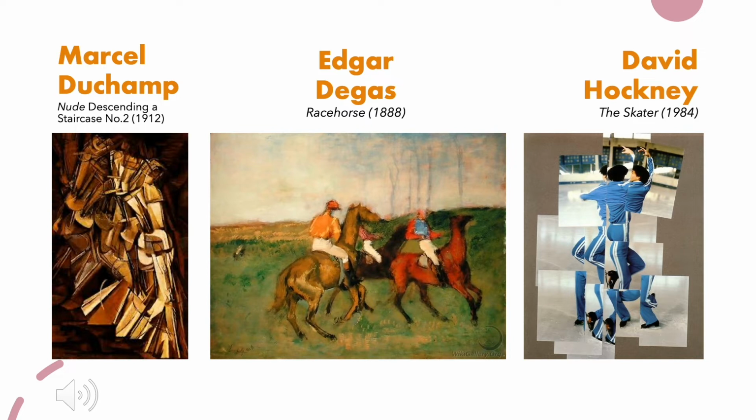And then way later on, you've got photographers like David Hockney, who are also still influenced by this idea of capturing movement from different perspectives, angles, and showing them in one frame to highlight the movement. So we're going to be looking at this freezing movement in a two-dimensional form in today's lesson.